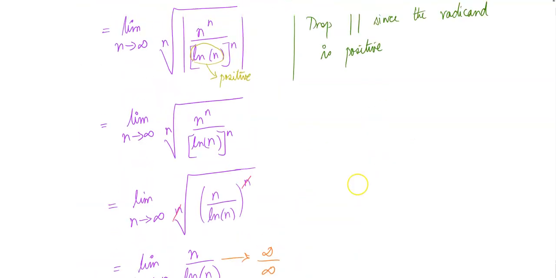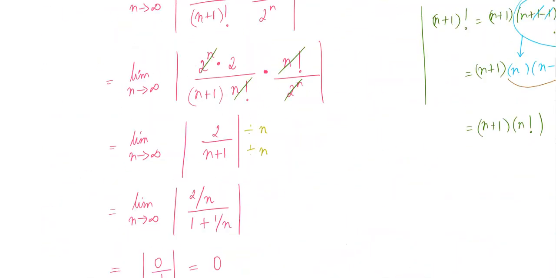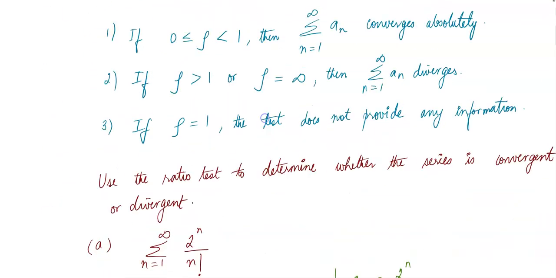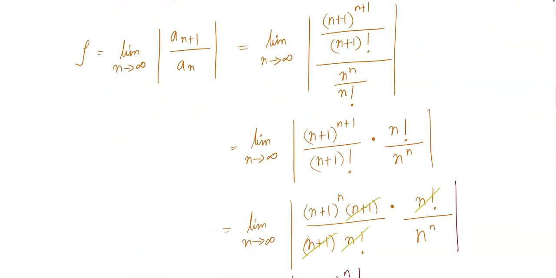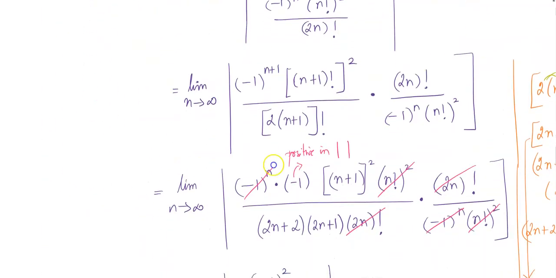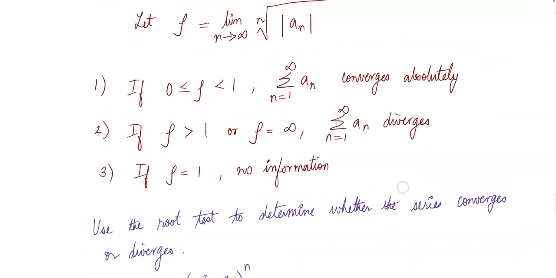Interestingly, we have not used this rule so far, but if you go back, I know it's way back. Oh, I went too far back because I went all the way to the ratio test. We have to stay here at the root test. The root test, second condition, says if rho is equal to infinity, then a_n diverges.